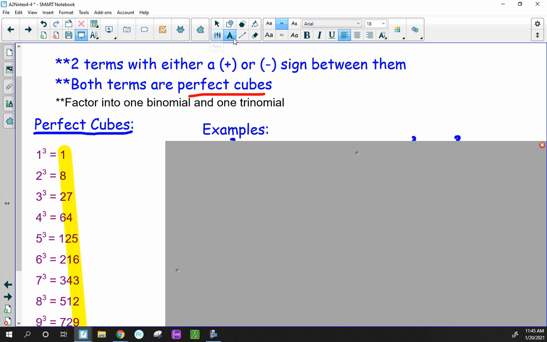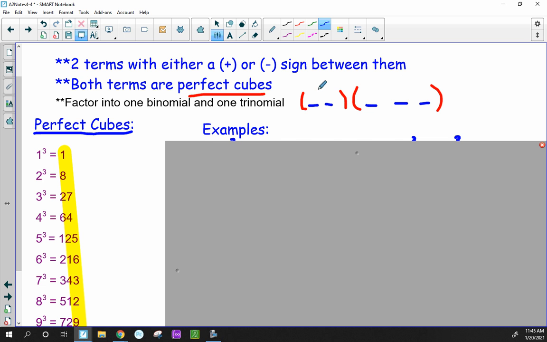So when you give me an answer for any SOC and DOC problem, you're going to see a binomial in front and a trinomial behind. It'll be like a 2 by 3 answer every time.